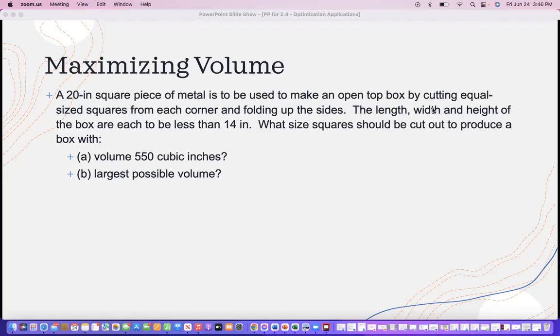The length, width, and height of the box are each to be less than 14 inches. What size squares should be cut out to produce a box with, and we'll start off with a volume of 550 cubic inches. And then after that, we'll try to find what is the largest possible volume we could have for a given X.